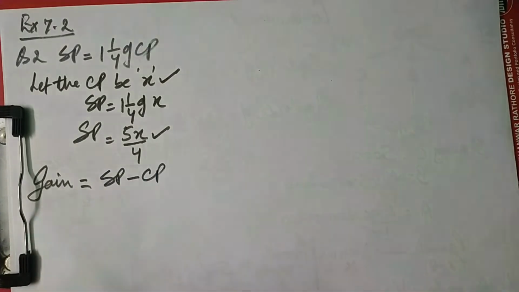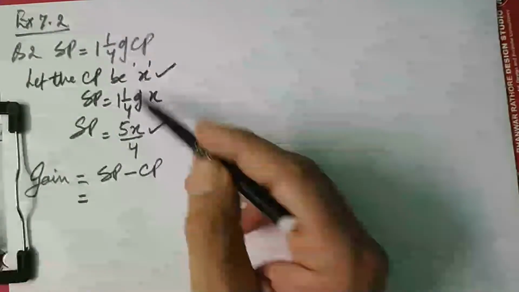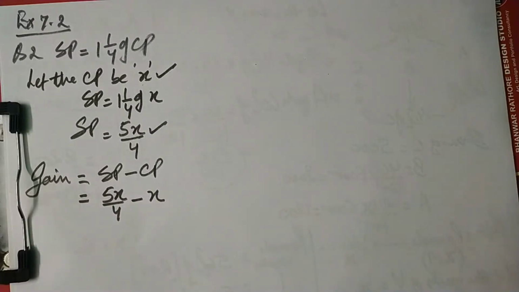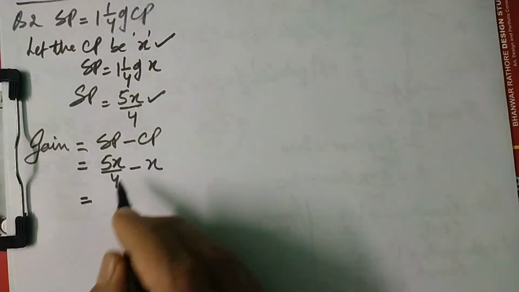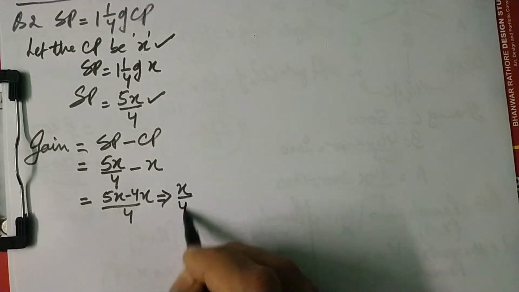So gain is equal to selling price minus cost price, so 5x upon 4 minus x. This becomes 5x minus 4x upon 4, which becomes x upon 4. So this is your gain.